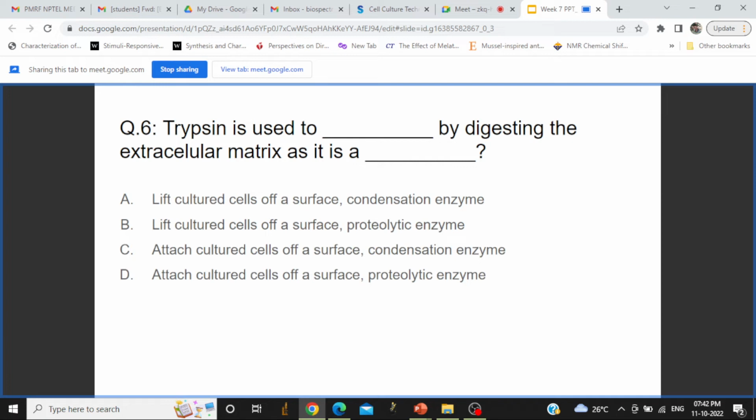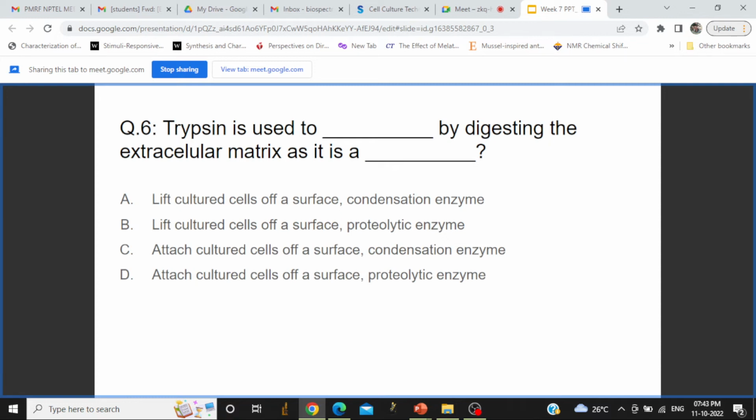So the answers are: A, trypsin lifts cells off the surface, and it is a condensation enzyme. B part is lift culture cells off the surface, it is a proteolytic enzyme. C part is attach cell culture to the surface, a condensation enzyme. D part is attach the cultured cells to the surface, a proteolytic enzyme. So what is the answer?